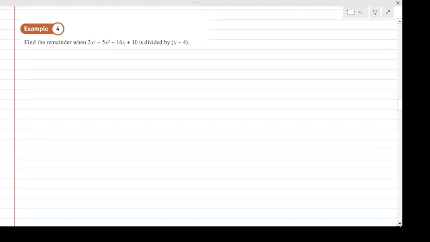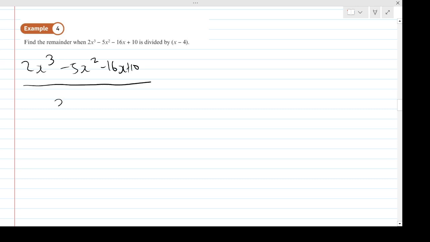Okay, example 4 then. We have a different question. We are asked to find the remainder when 2x cubed minus 5x squared minus 16x plus 10 is divided by this. So again, we need to consider the division: 2x cubed minus 5x squared minus 16x plus 10 divided by x minus 4.